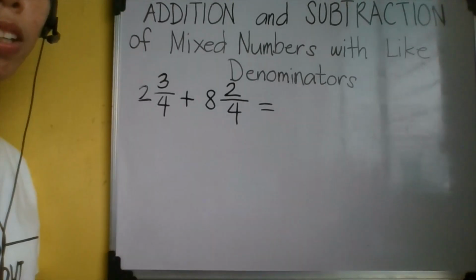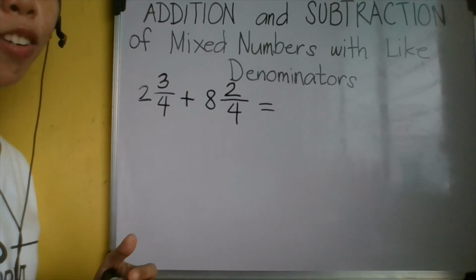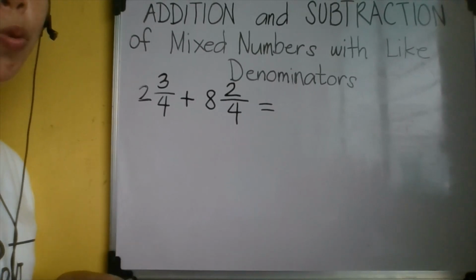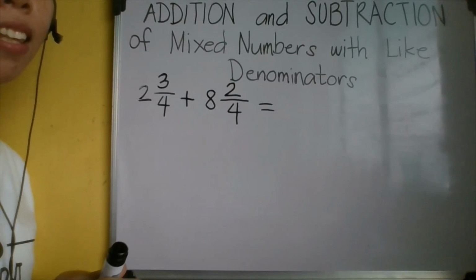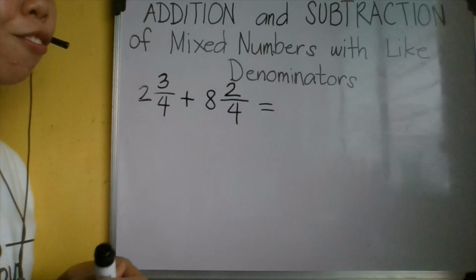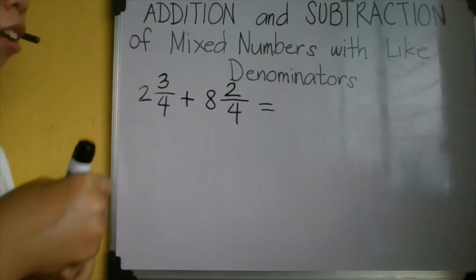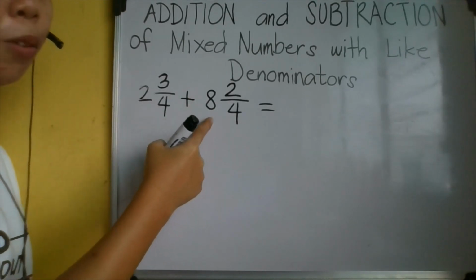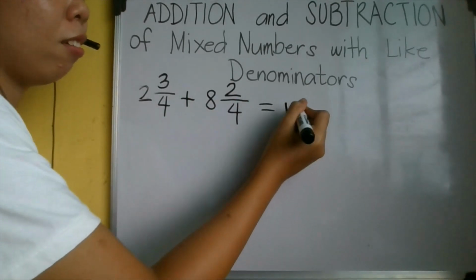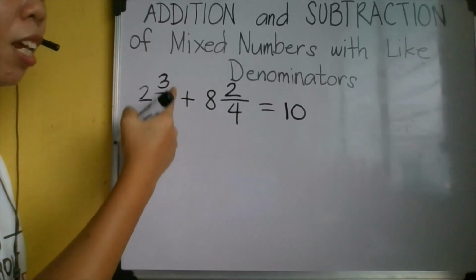Now, the second method in adding mixed numbers is to add the whole numbers first and add the fractional parts after adding the whole numbers. So let us add 2 plus 8, we have 10. Then add the fractional parts, 3/4 and 2/4.